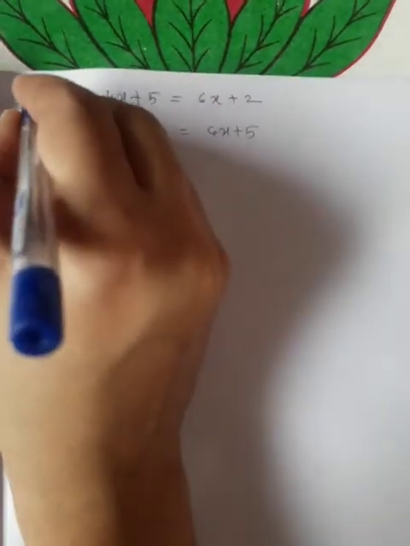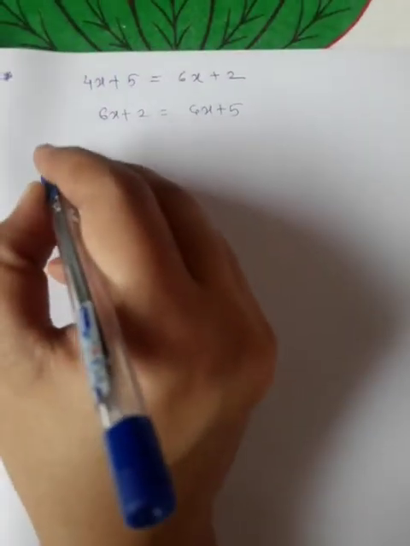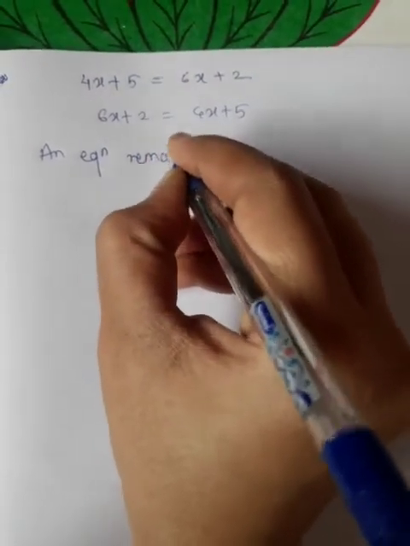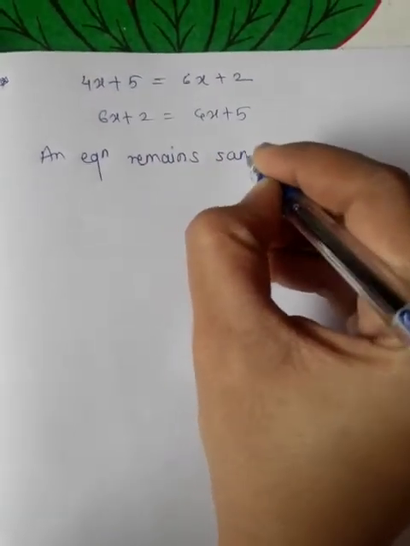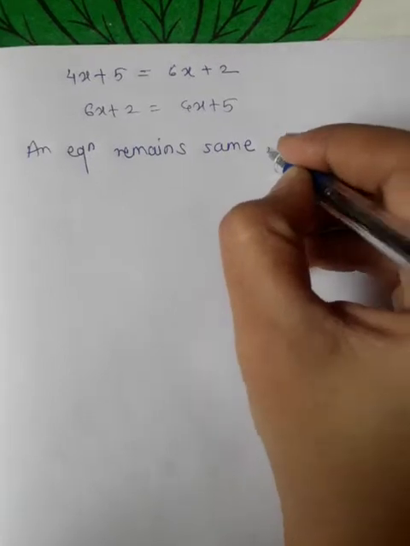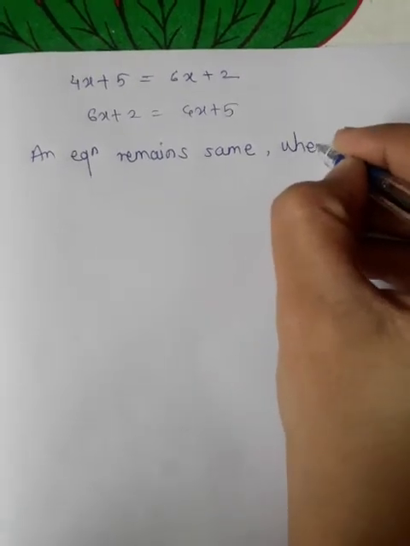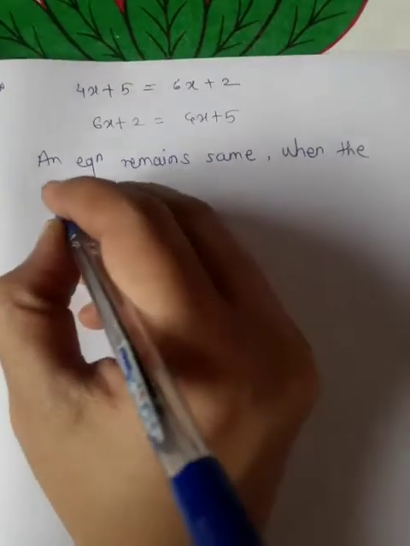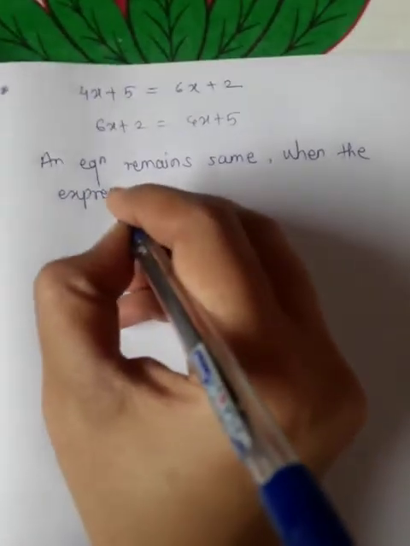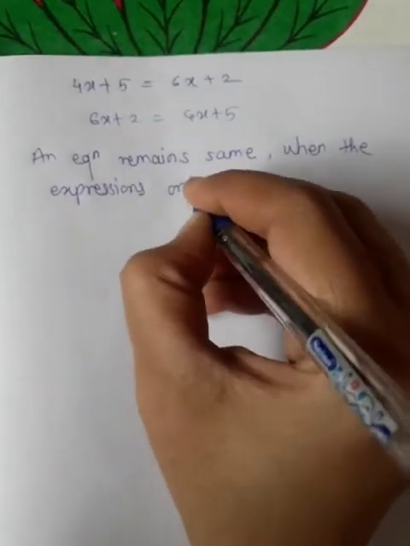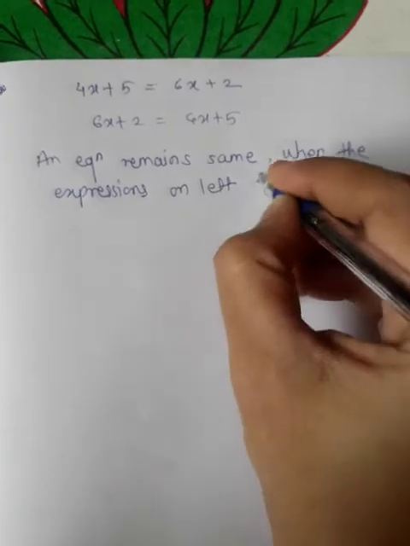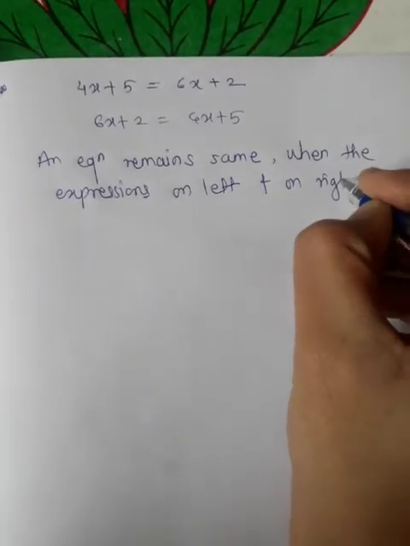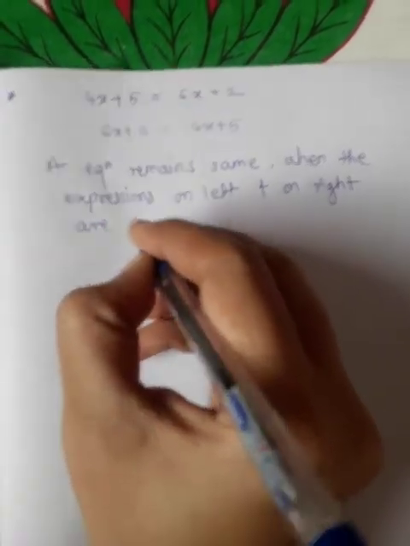So this is one property: an equation remains the same when the expressions on left and right are interchanged.